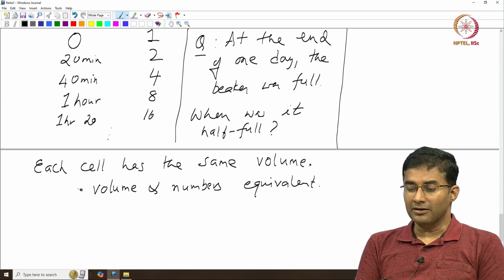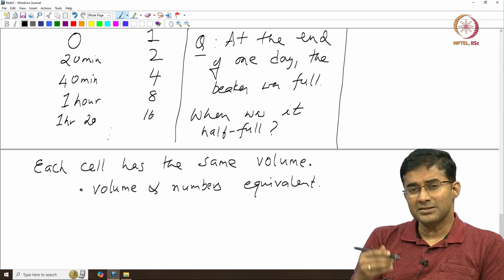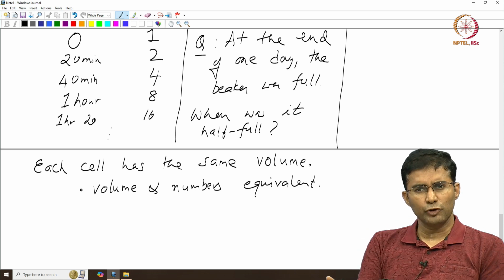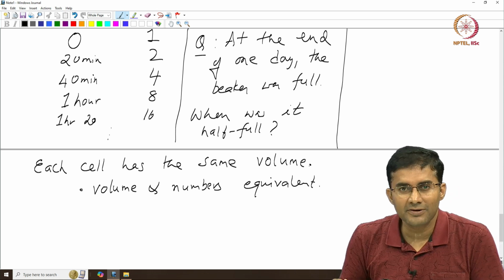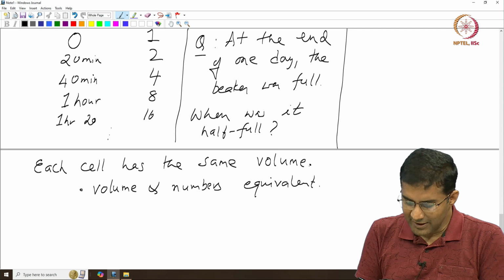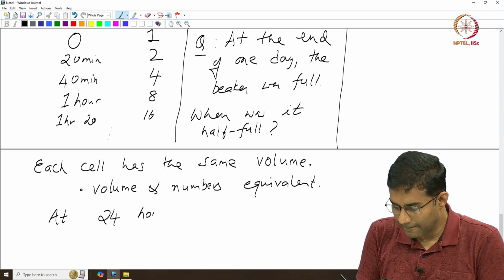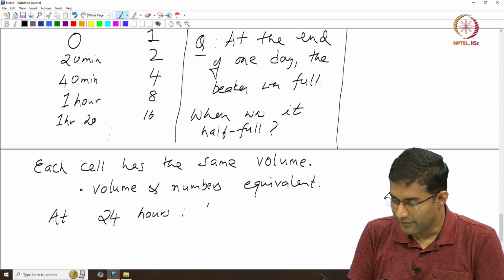Now remember that when the numbers were half of the current numbers, the volume must also have been half. So we reached 24 hours and the beaker was full.